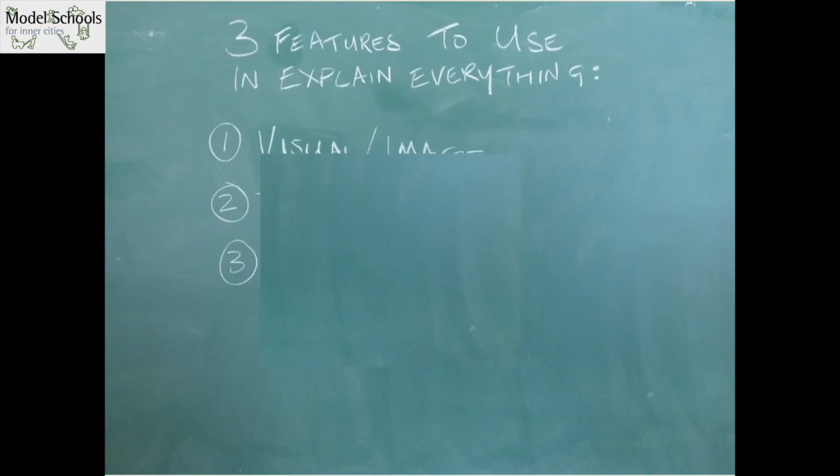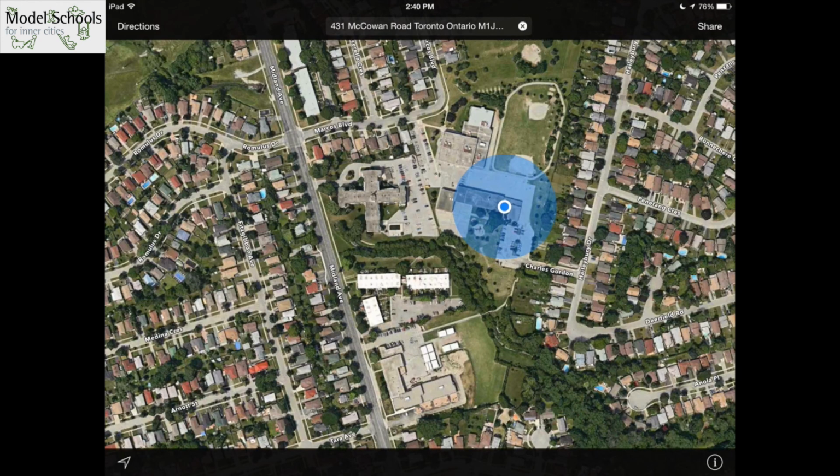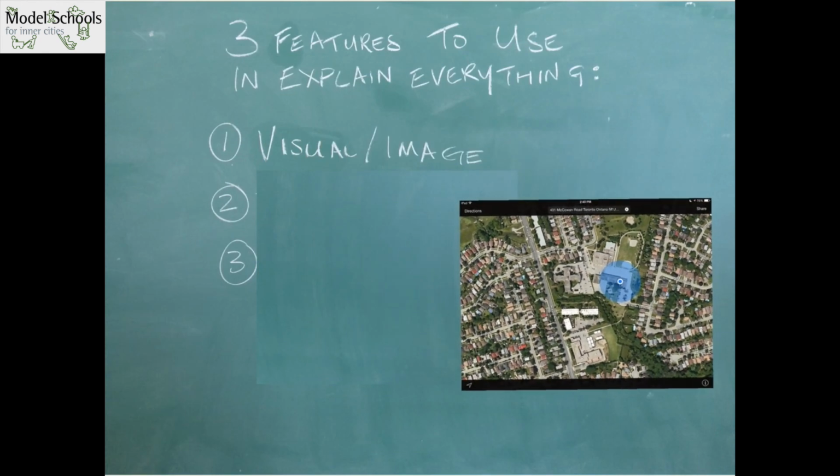The first one being inserting a visual image. So you find that image, you decide which one that you're going to use, and you insert it inside of your Explain Everything. So I found my image and I decided that's the one that I want to use. Now we need to figure out ways that we can talk about or refer to that particular image.